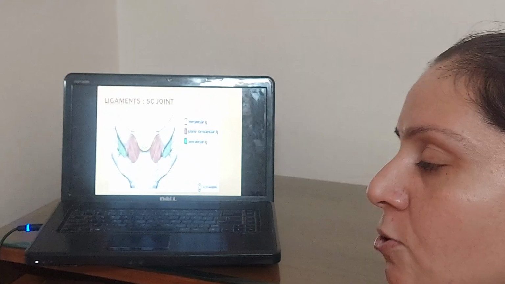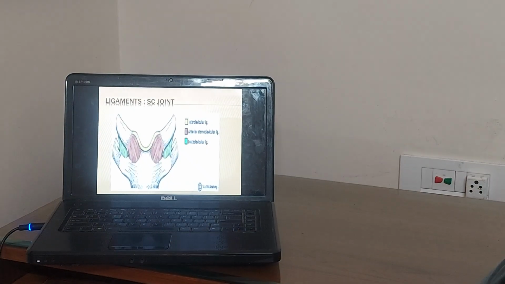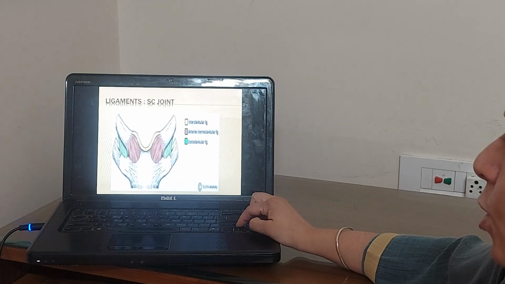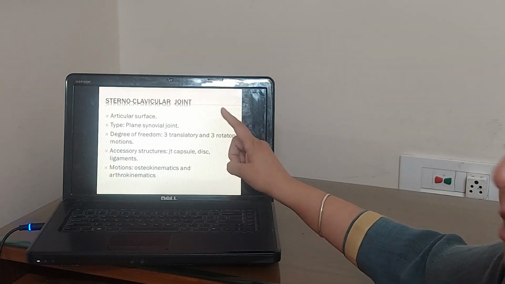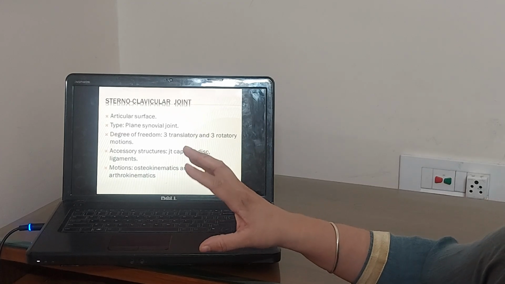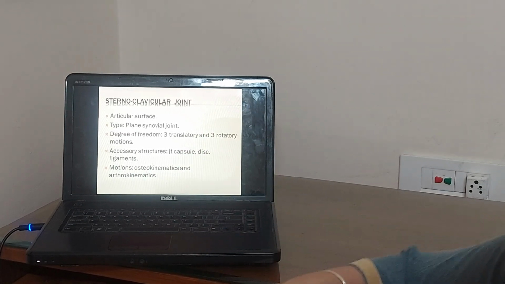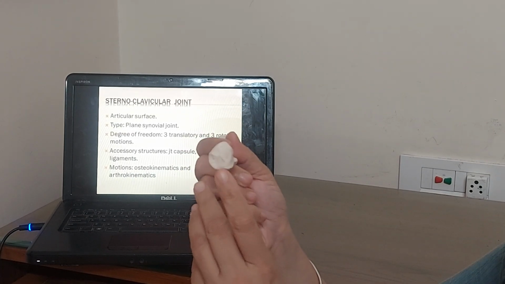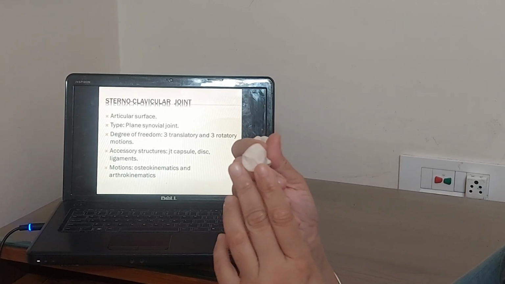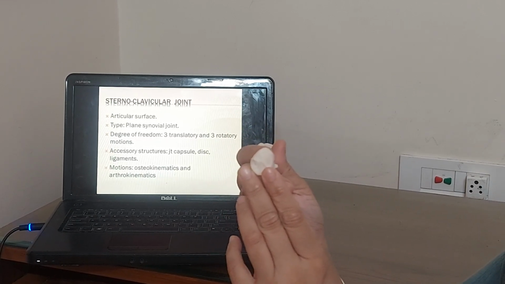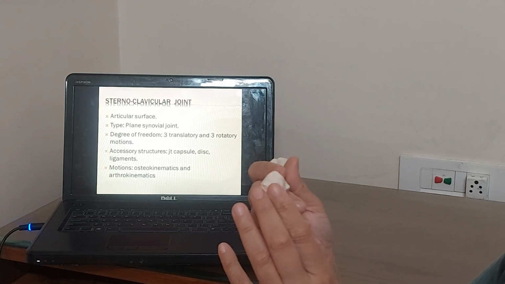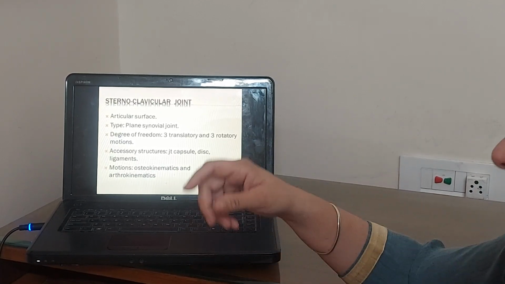We will discuss it in detail when we study the kinetics and the kinematics of the SC joint. Fine. Now what we have studied till now is the articular surfaces. We know that the articular surface is incongruent, since only the anterior inferior part of the medial end of the clavicle articulates with the clavicular facet of the manubrium sterni.